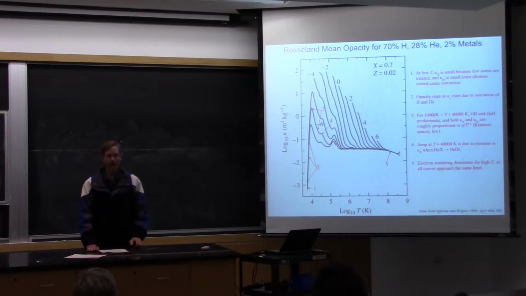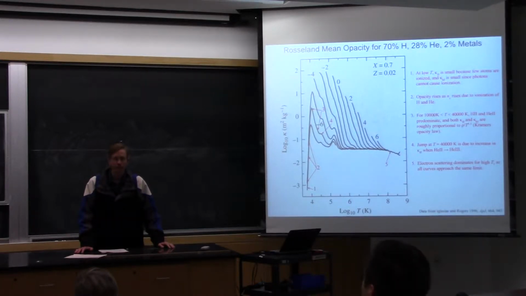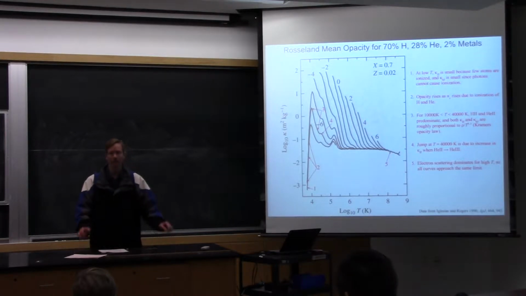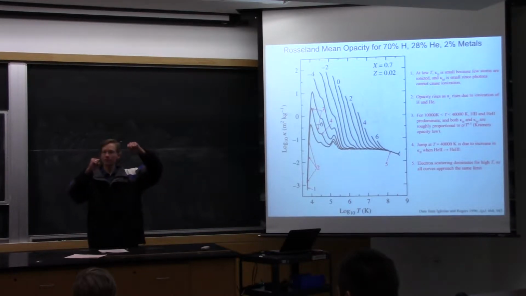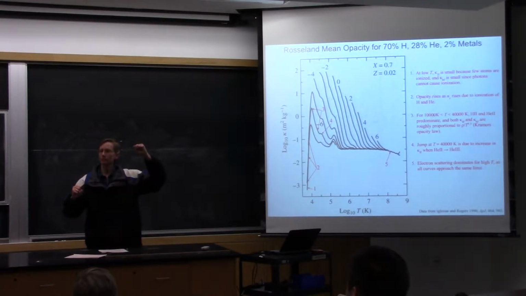So free-free opacity is due to what process? What's happening there? Free refers to what? What does the free mean? Electrons are not bound to atoms. So this is opacity due to electrons that are not bound to atoms, right? Free means it starts not bound, it ends not bound. So this is when you've got an electron in the presence of an ion, it can absorb a photon and increase its energy as a result of that.